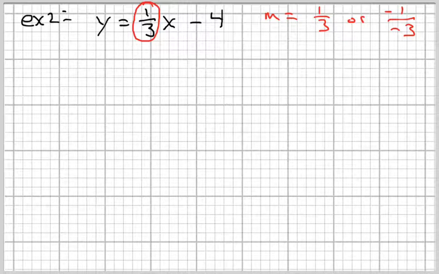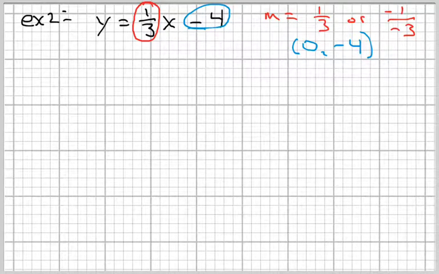So my two options when I make my slope going in both directions: I have a positive 1 over 3, or I have a negative 1 over negative 3. Then I need to identify my y-intercept. It comes from this number here. So my y-intercept is the point (0, negative 4).